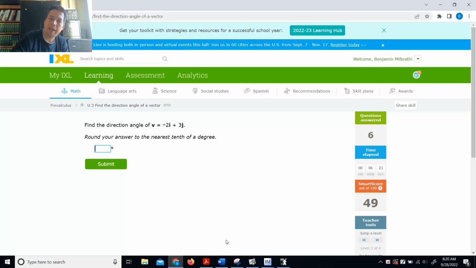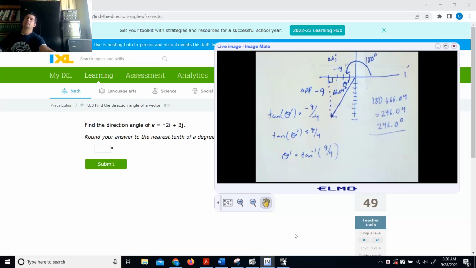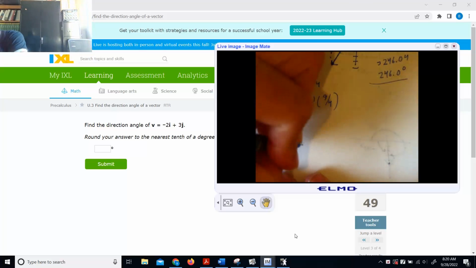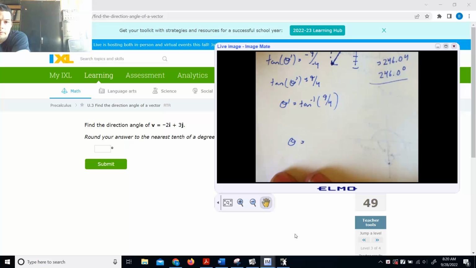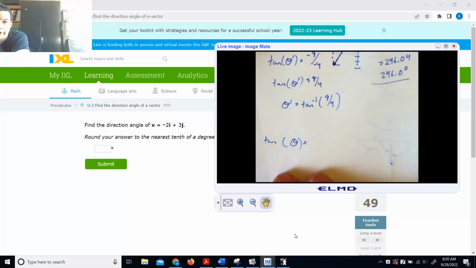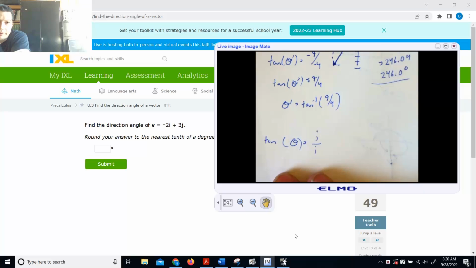But you have to still think about your rotation and what you're doing, okay? It's actually pretty simple. The tangent of theta is j over i.